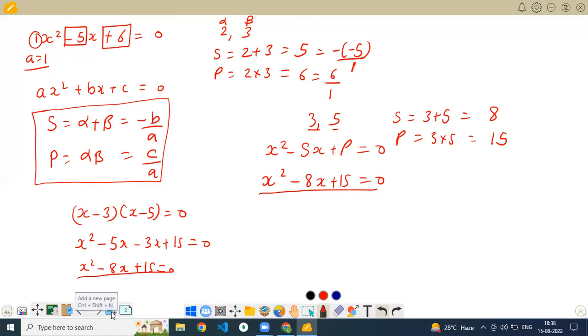Okay. Another way of solving the equation is making a perfect square, if possible. So let's say this is x square minus 4x plus 4 is equal to 0. This can be written as x square minus 2 into 2x plus 2 square is equal to 0. You can say a square minus 2ab plus b square is equal to 0.